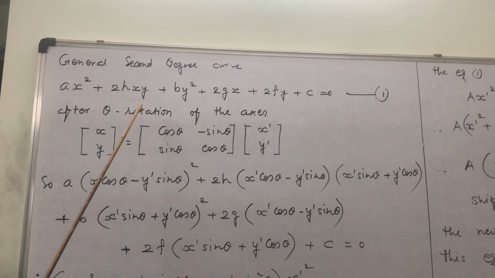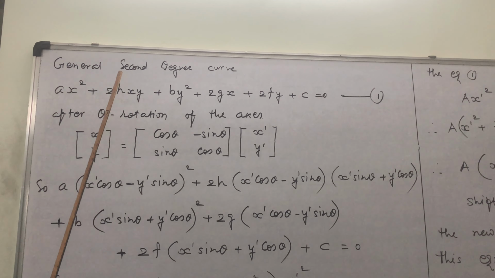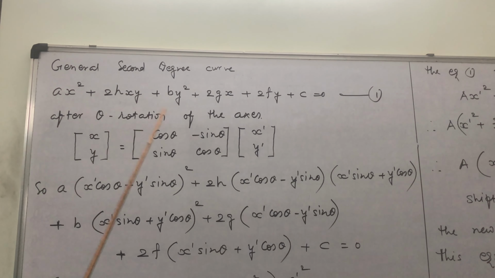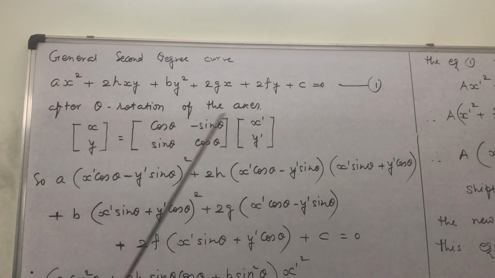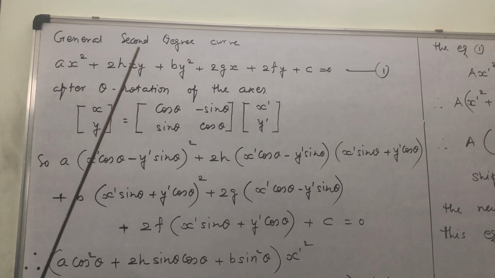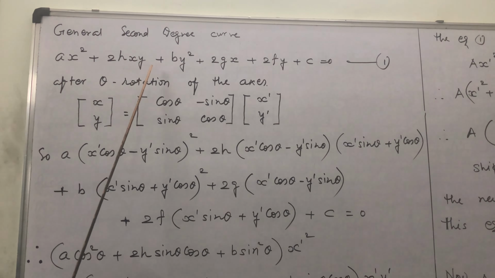Sometimes it represents a circle, an ellipse, a parabola, or a hyperbola. So there are these types of possibility. Sometimes it represents just a single point. So null set, point, line, pair of lines, intersecting lines, circle, parabola, ellipse, hyperbola. All are in this equation.